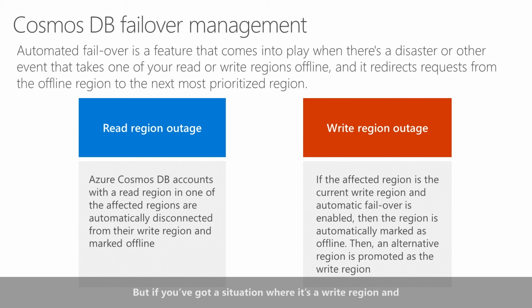But if you've got a situation where it's a write region and that has an outage, and automatic failover is enabled, basically the region will be automatically marked offline, and then an alternative region is promoted as a write region. So you do need to know this stuff, particularly for the exam as well.